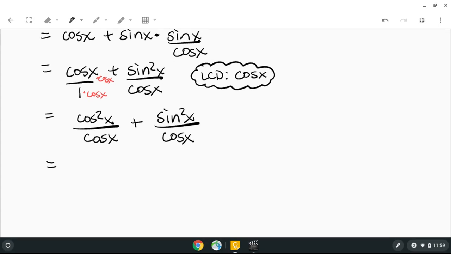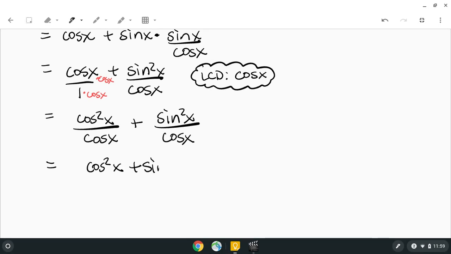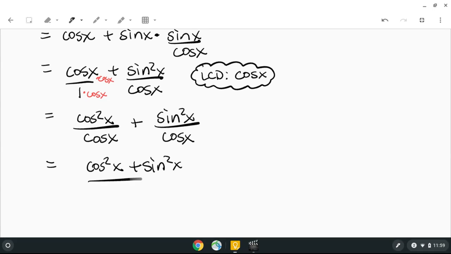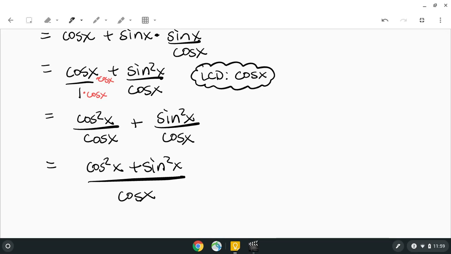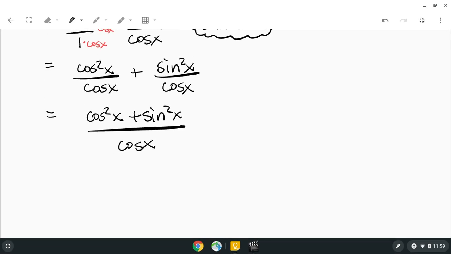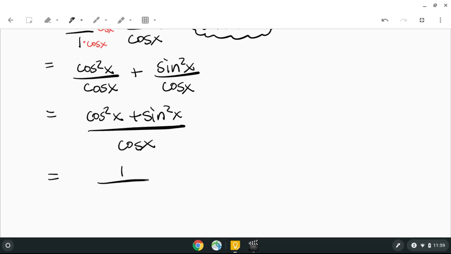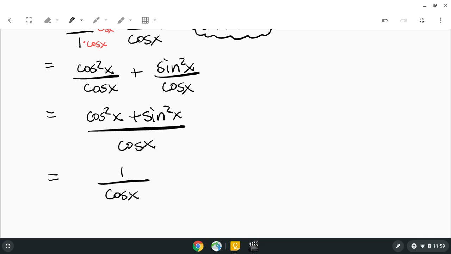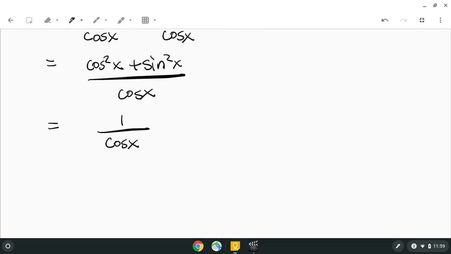So I get cosine squared x plus sine squared x over cosine x. And we know what sine squared plus cosine squared is. It's 1, from the Pythagorean identity. So I get 1 over cosine x. And 1 over cosine is secant x.